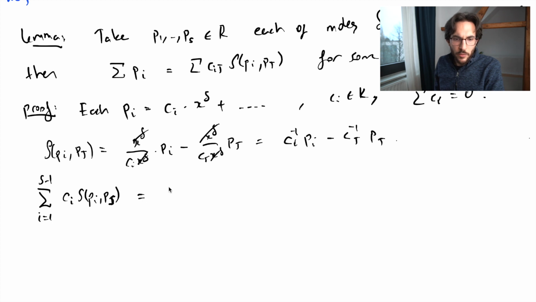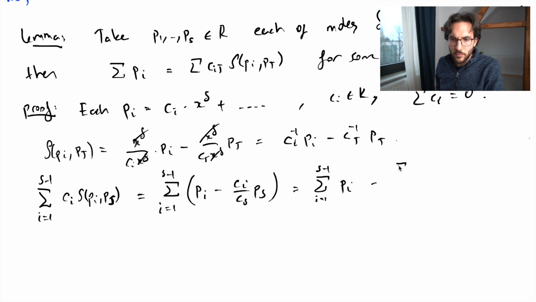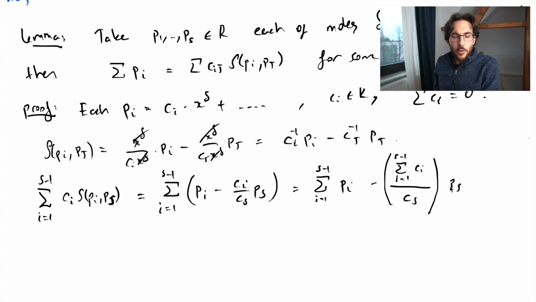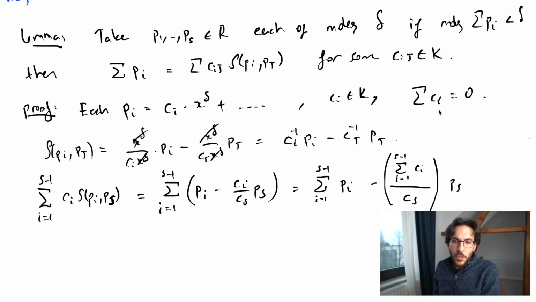So that's going to give us, just expanding out the S-polynomial, I get this already, and then let's write it like so. And now collecting terms, I have the sum of p_i's up to s minus 1 and then the coefficient of p_s. But the sum of all coefficients c_i from i from 1 to s was 0.